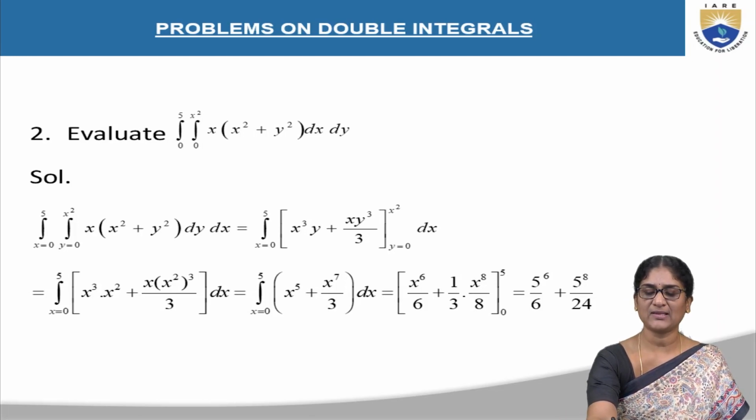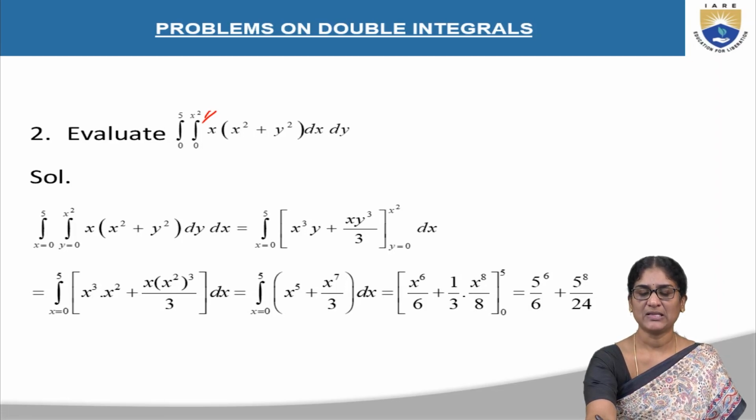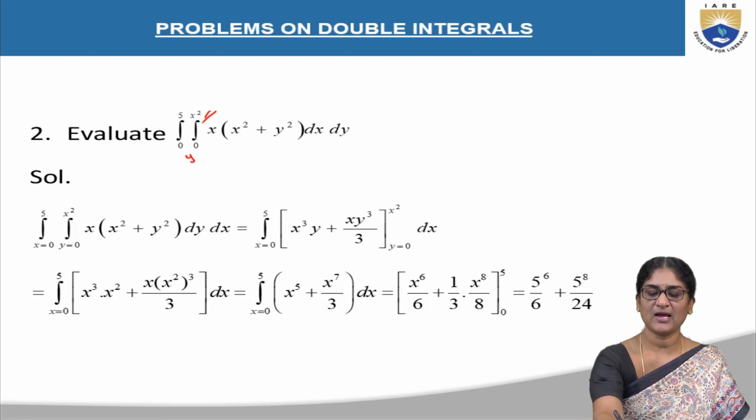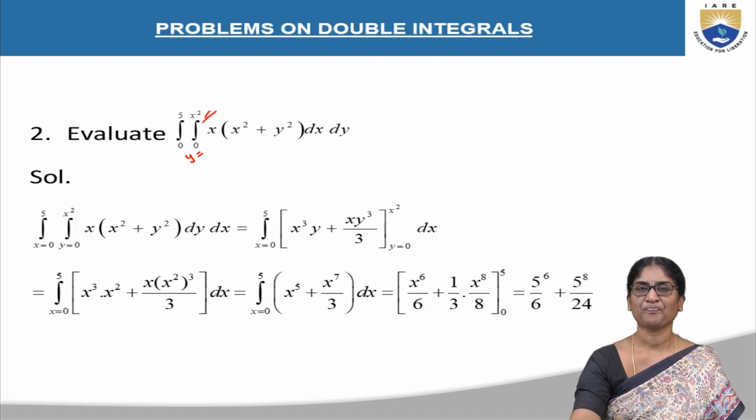There are two variables, and the limits are in terms of x. That means they are the limits of y. So y goes from 0 to x squared, and after integrating the first part, the leftover variable is x, and x goes from 0 to 5.